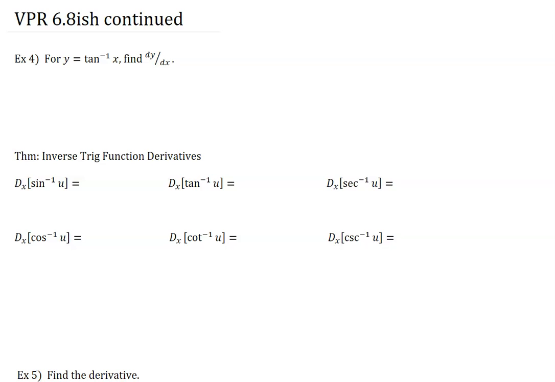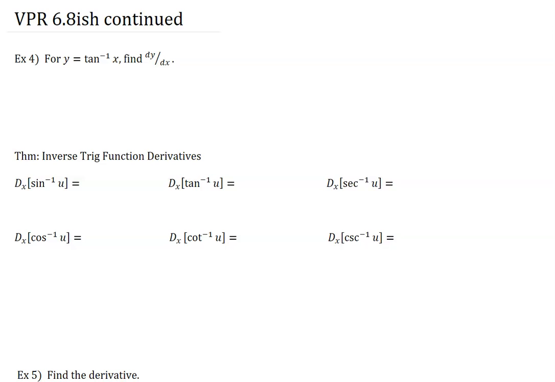So we have y equals tangent inverse of x, and the issue is we don't yet have a formula for the derivative of tangent inverse. So just like we did with the exponential functions in 6.3 and 6.4, we are going to rewrite this equation in such a way that we can take the derivative, and we'll use implicit differentiation for that, okay?